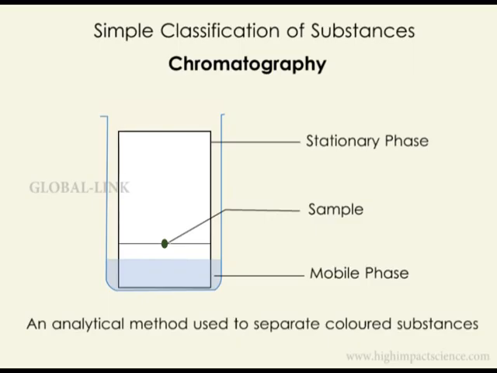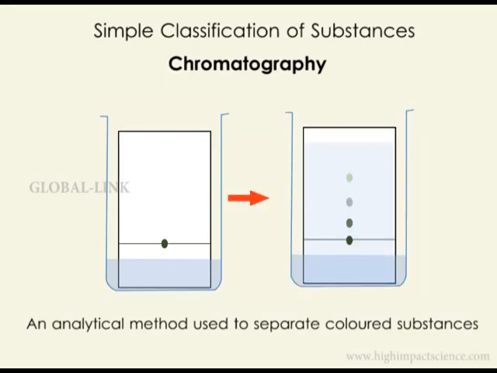In paper chromatography, the stationary phase is usually a piece of high-quality filter paper. The mobile phase is usually a developing solution that dissolves the sample and carries it up the filter paper over a certain distance. The different components of the sample mixture are carried up the paper through different distances. Thus, the components of the mixture are separated.